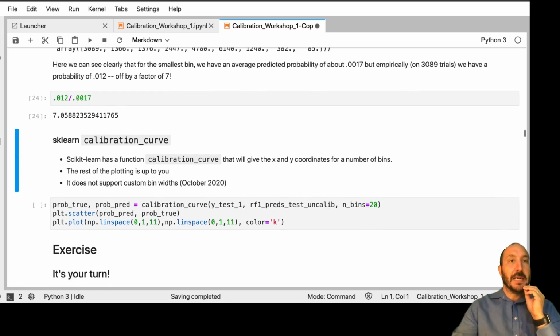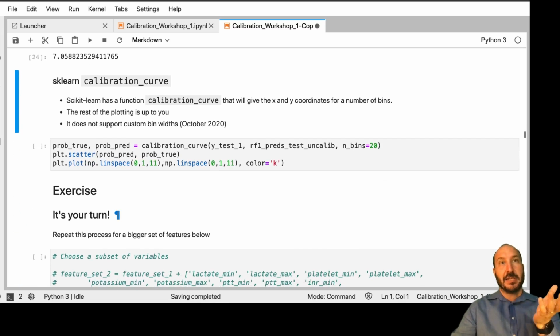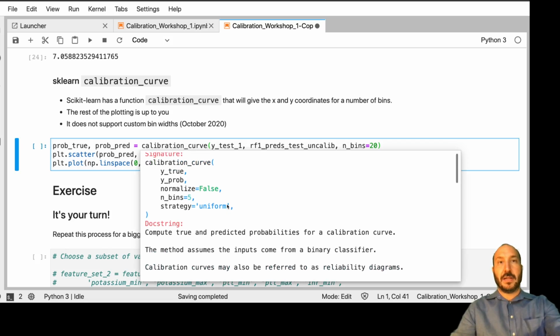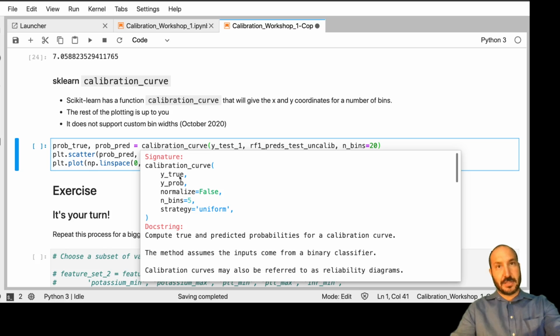Okay. One thing I want to point out is scikit-learn does have a calibration curve function. It's pretty basic. We can do a shift tab. You give it, just like this one, the true y's and then the probabilities. And you could give it a number of bins, and then there are 2 ways it'll divide it into bins.